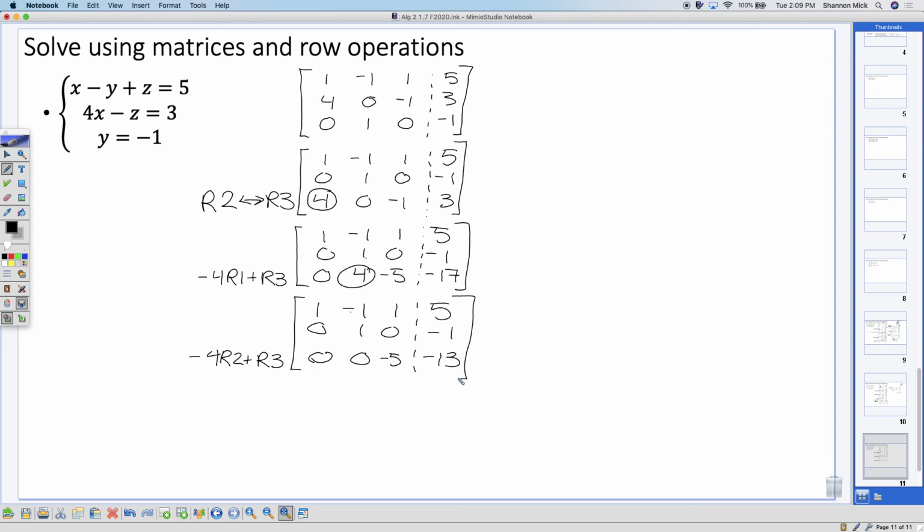Now, at this point in the last one, we took negative 1/5. We are not doing that here. Why? Because we're not going to have a nice number. We're not going to do that to ourselves. So we're going to go back up and get rid of this one. So I'm going to have to take R3 plus 5R1.